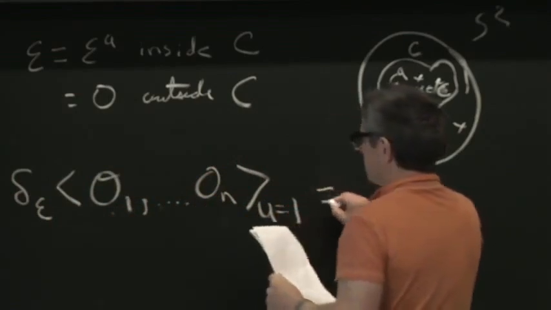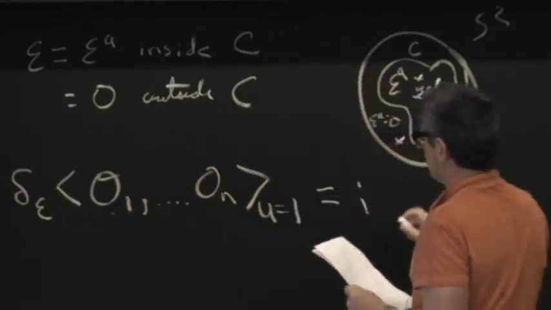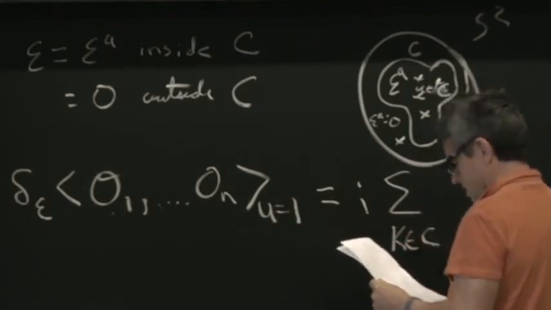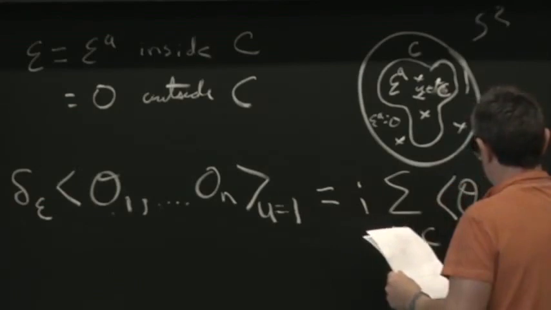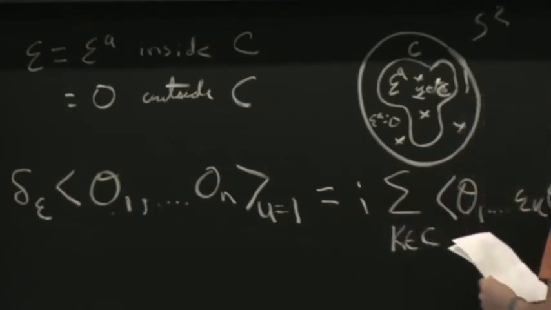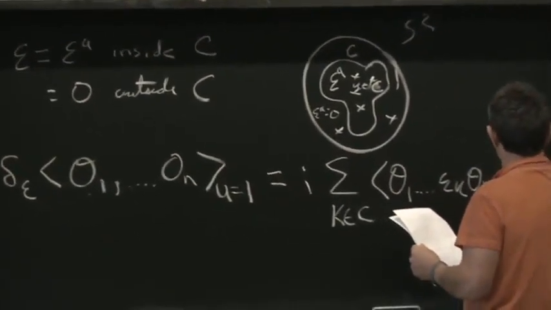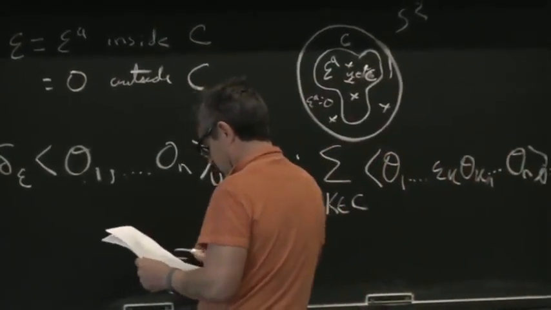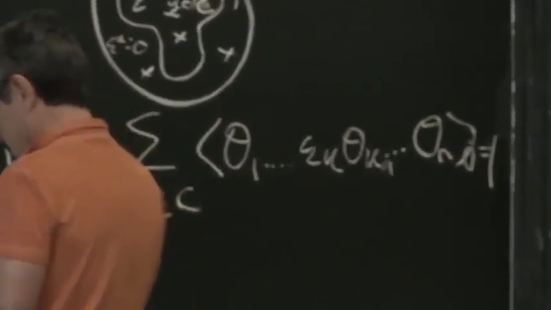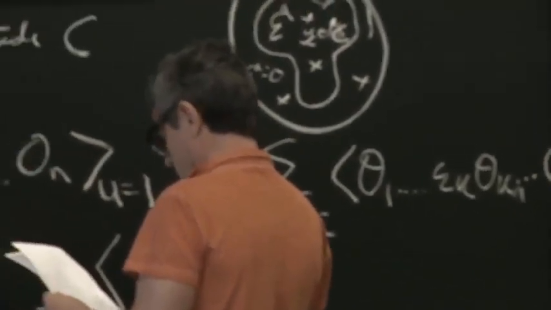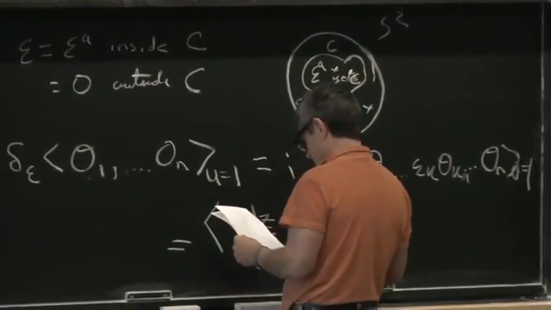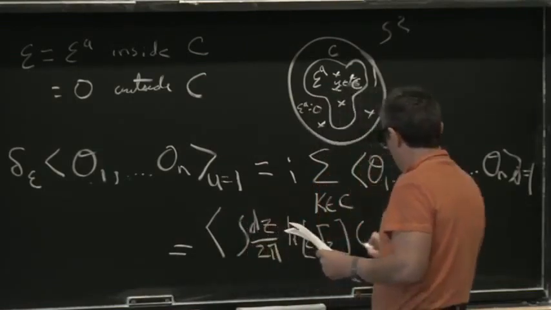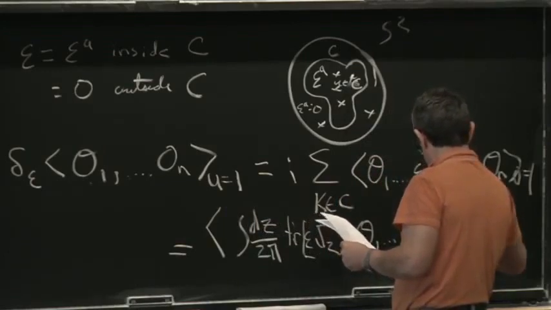So this is just equal to i times, because of the i there, the sum of K in C of O1 ... ε_K O_K ... ON at u equals 1, which of course is just equal to what I wrote up there, integral dz over 2π, canceling the i, trace ε j_z O1 to ON at u equals 1.